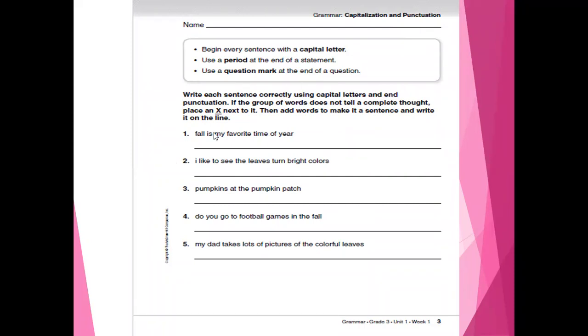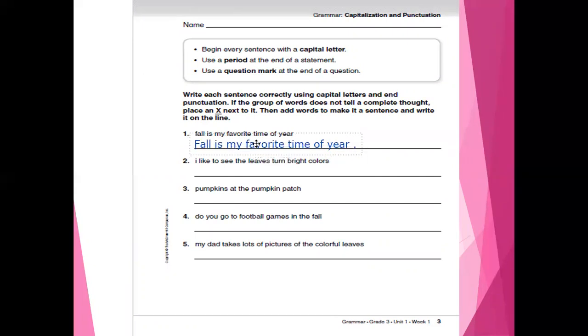Number 1, fall is my favorite time of year. Here it's a telling sentence. So we should put a period at the end. We should start with a capital letter. Of year, period.